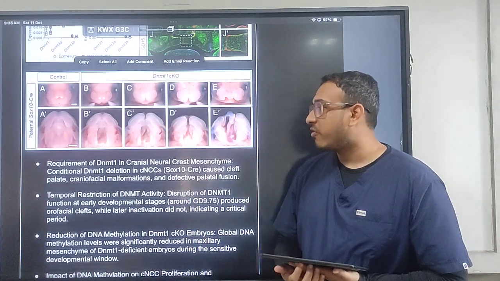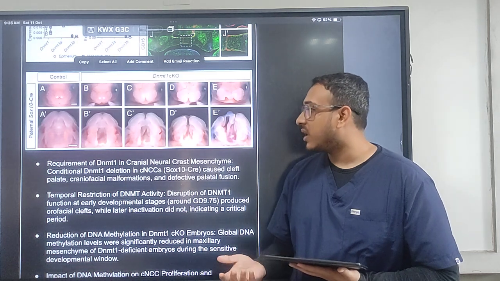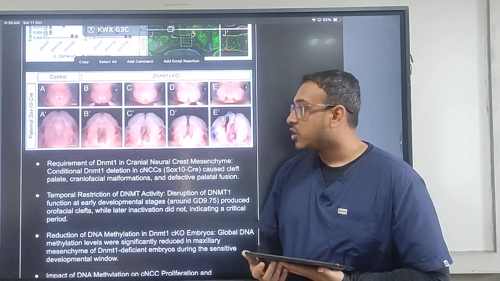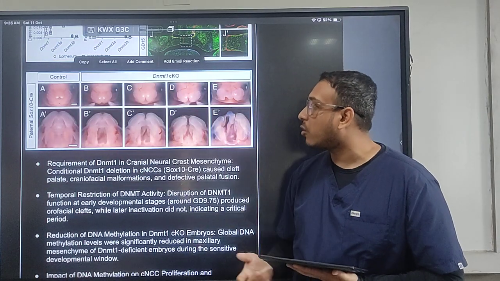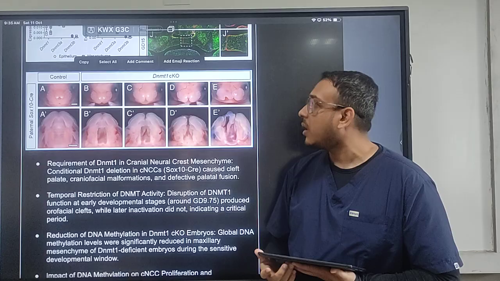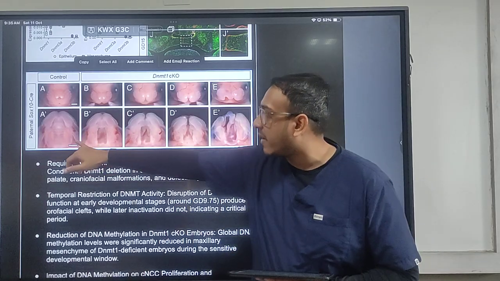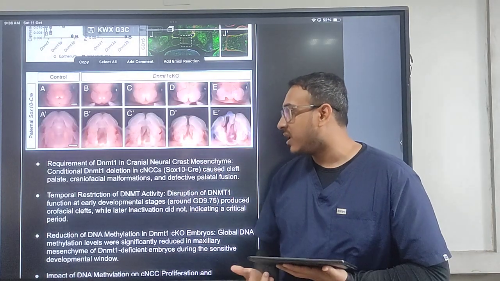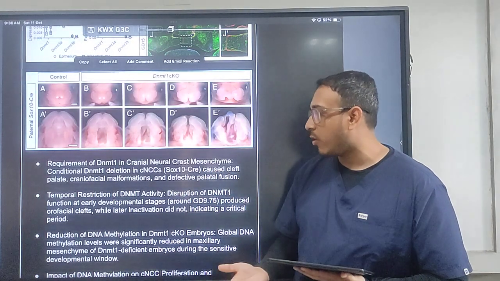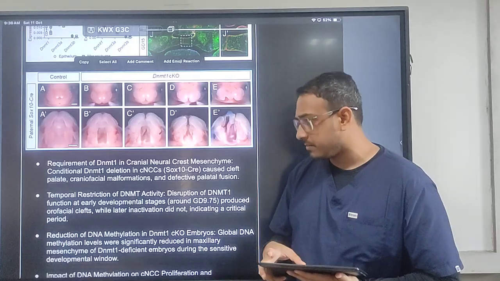The requirement of DNMT1 in cranial neural crest cell mesenchyme. So here we can see the image of control versus the conditional knockout of DNMT1, which shows there is a defect in development of palate, and it causes cleft palate and other craniofacial malformations and defective palate fusion.